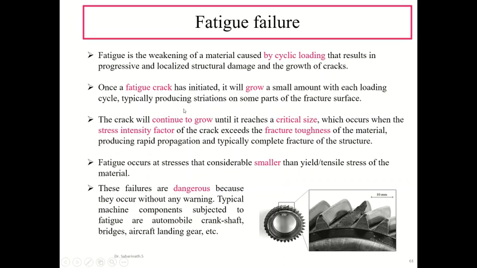So the crack will be initiated and it will grow with each loading cycle, leading to failure of the material.